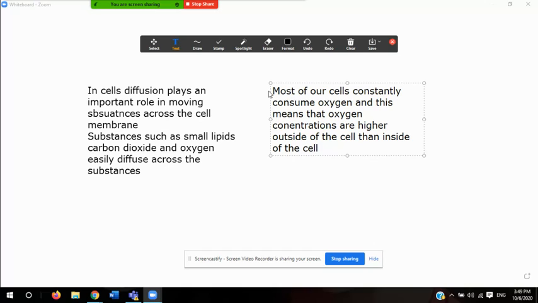And what that means, of course, is that oxygen needs to pass through the membrane so easily. That's why diffusion in this case is so important, going from an area of higher concentration to an area of lower concentration.